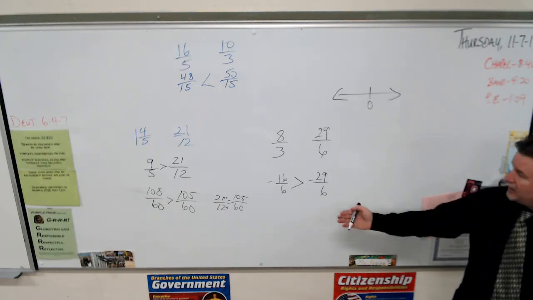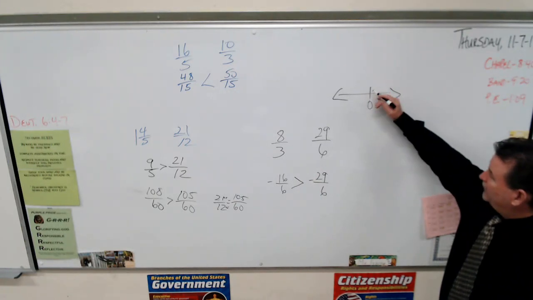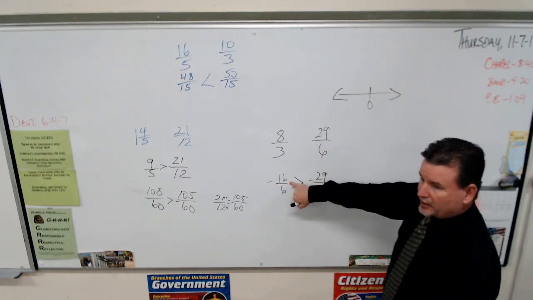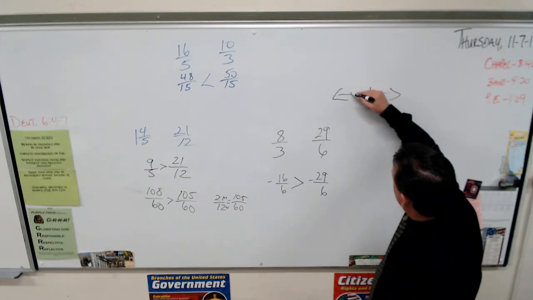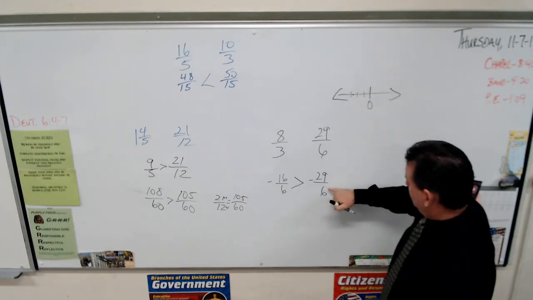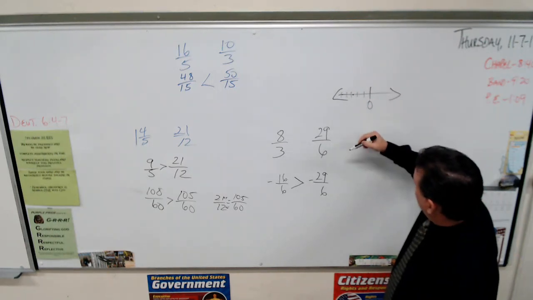If you're done with number 7, did you get it right? Yes. No, I forgot about it. Yes, sir. When you're talking negative, this is -2 and 2/3. And this is -4 and 4/5.